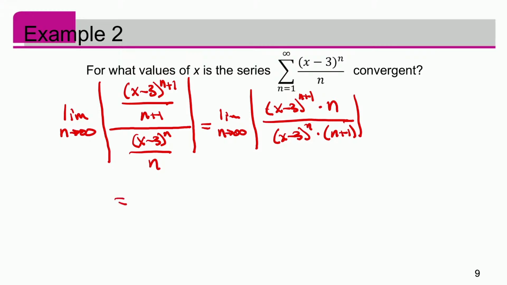So that equals the limit as n approaches infinity of x minus 3 to the n plus 1. Oh, no. I'm going to cancel the x minus 3's.